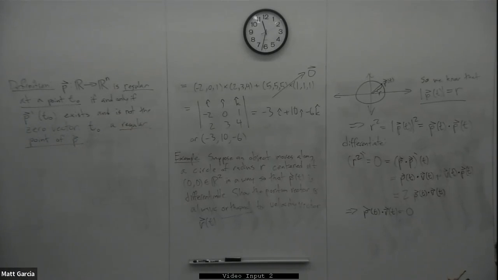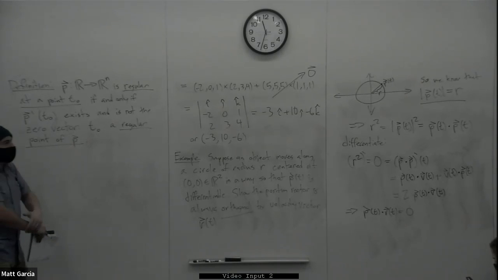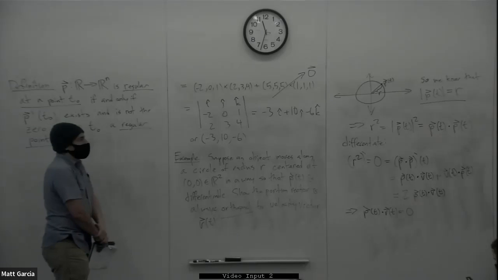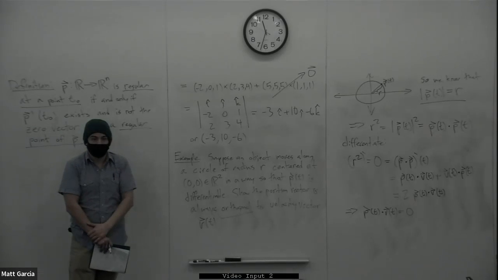Okay, this is fairly innocuous, right? I'm just saying that we're differentiable and non-zero. But it turns out that this extra condition of being non-zero is of vital importance to us. It's what allows us to give meaning to the analog of what a tangent line is for a curve, right?